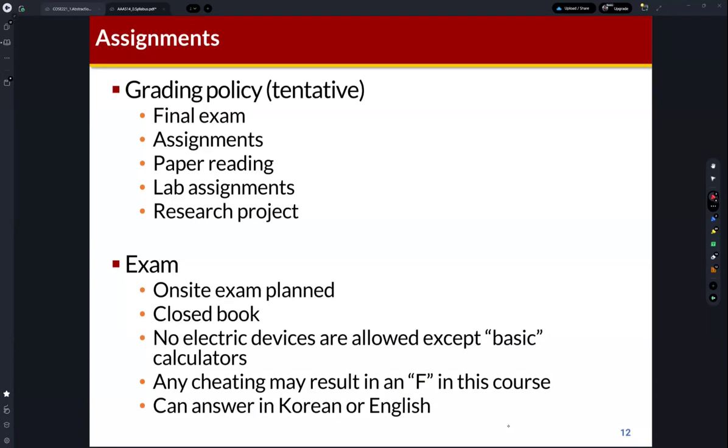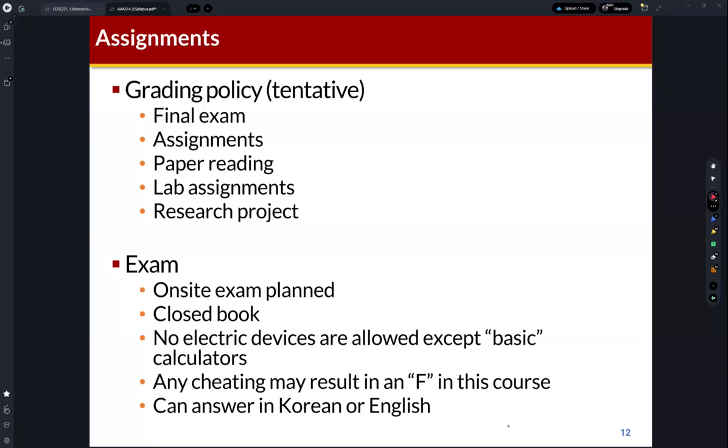Okay. As I mentioned, I hope this course can be helpful for your research. Actually, this is my third time teaching this course.